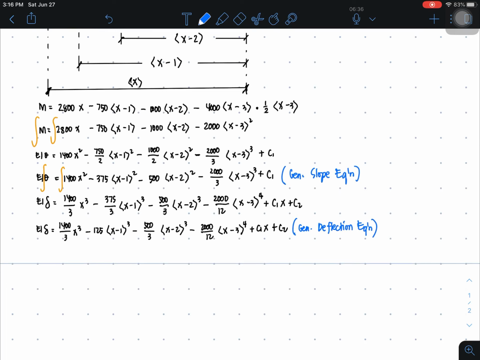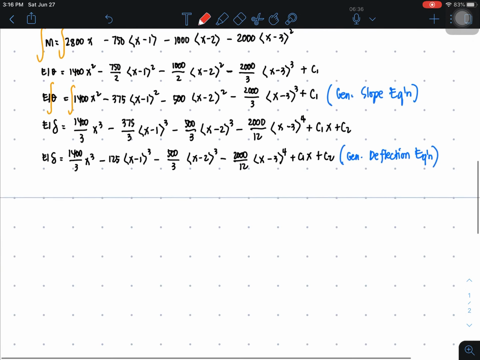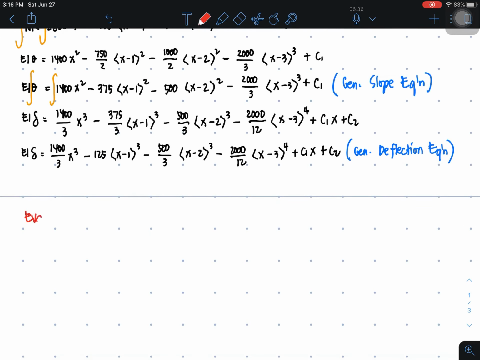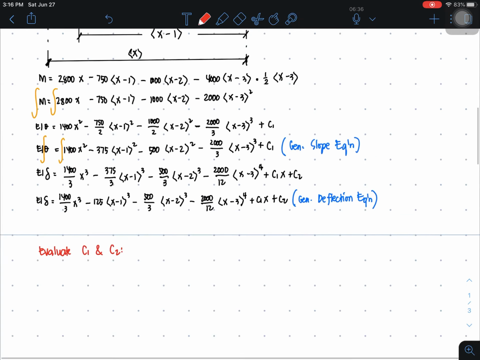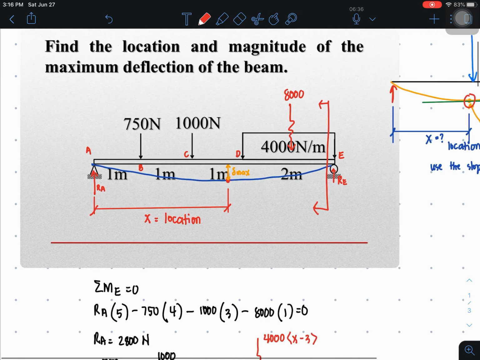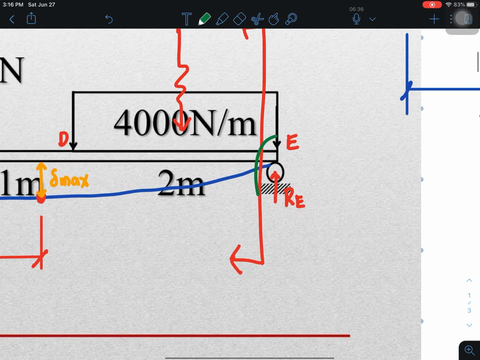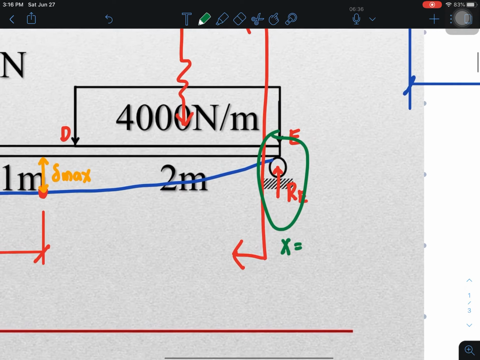Okay. So next we're going to evaluate C1 and C2. So we will be looking at the supports' placement. The support is placed here. This is the location of the support at x equal to 0, and this is another support at x equal to the length of the beam, which is 5.